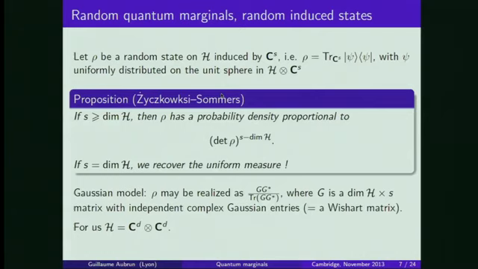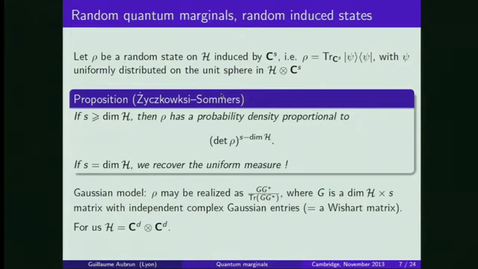Okay, so let me give you some information about these random quantum marginals. Let's forget for the moment that the space H is bipartite. Later, H will be equal to C^d tensor C^d, but for the moment, let me just call it H. So you have this quantum marginal obtained from a Haar distributed pure state on the space H tensor C^S.